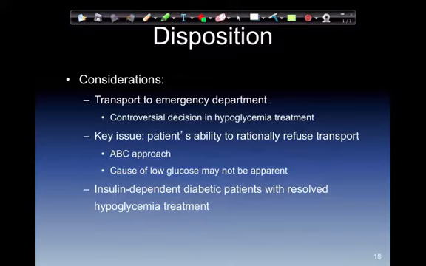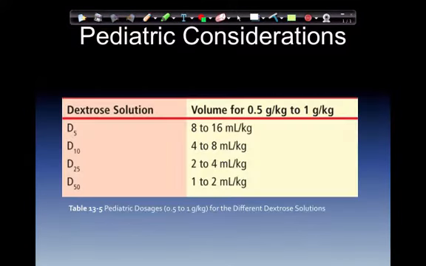Table 13.5, which we're about to look at, shows alterations for pediatric administration of glucose, and this would be a variation of dextrose solutions. This is what we normally give. This is half strength. So for pediatric considerations, on half strength, we squirt out half of the dextrose and mix it up with half normal saline and shake it vigorously to be sure it's all stirred up.